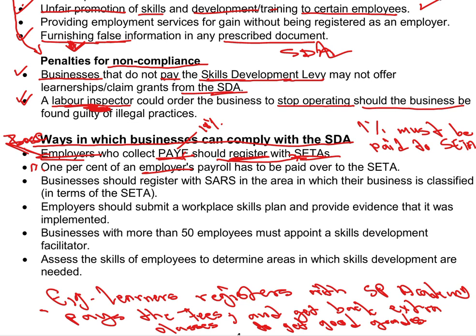All right, let's take this. Businesses with more than 50 employees must appoint a skills development facilitator.